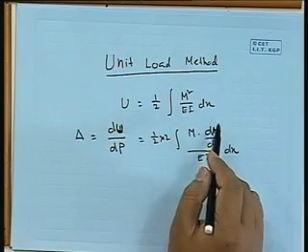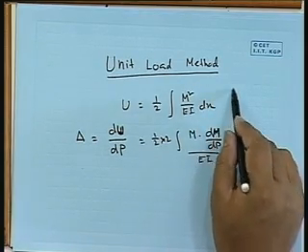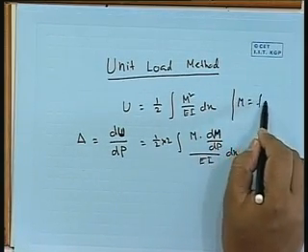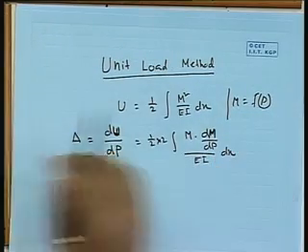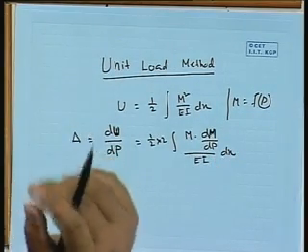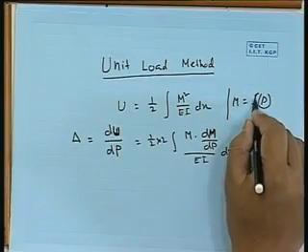So, U equal to half integral m square by EI dx, where this m was say function of p. Okay. So, p I am writing, it is not the p we have considered earlier, p may be p, mb or any other quantity, right. So, it is a variable.